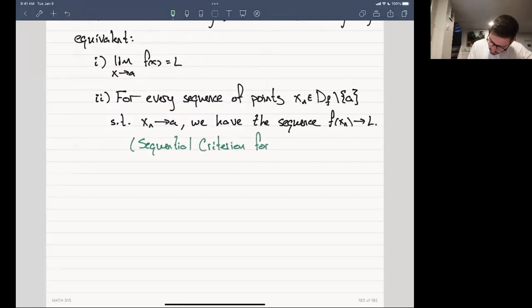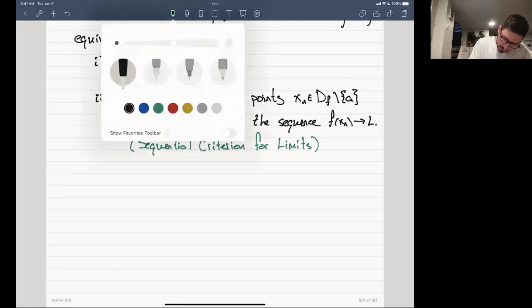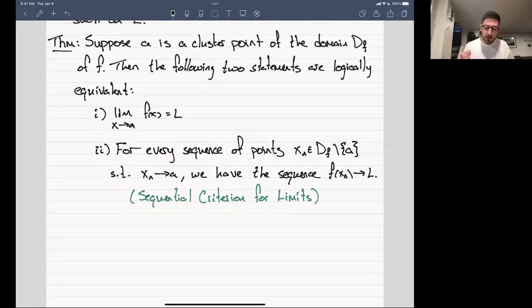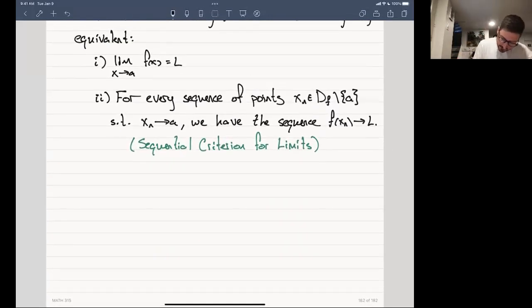Now, if you take a look at the statement of this, it says the following are logically equivalent. Now, what that means is that saying one of these things is equivalent to saying the other. They mean exactly the same thing. They are logical synonyms, if you'd like to think of it that way. So that means that if we're going to prove this thing, we need to prove that if we say one thing, we can get the other thing.